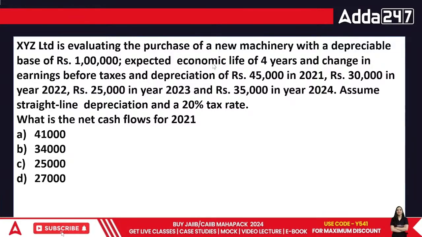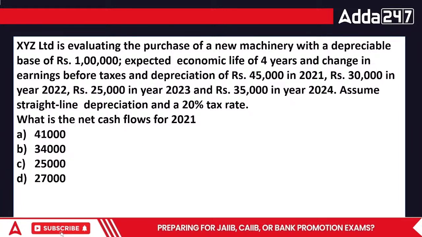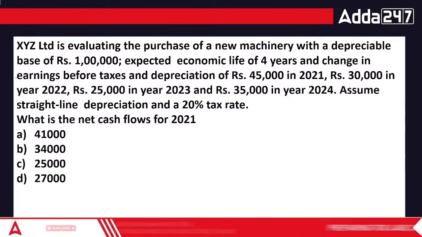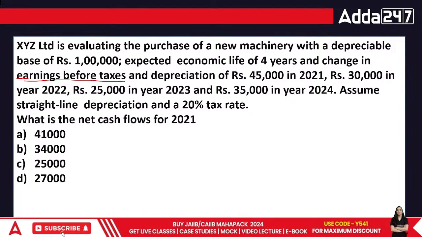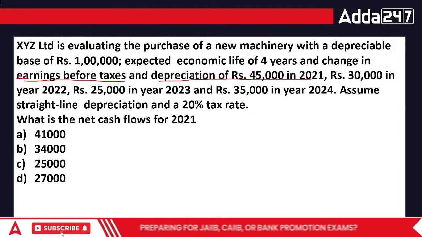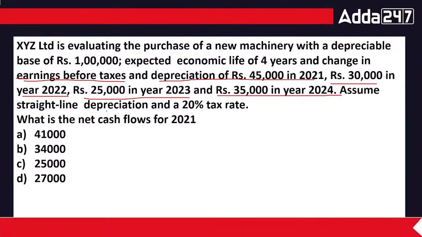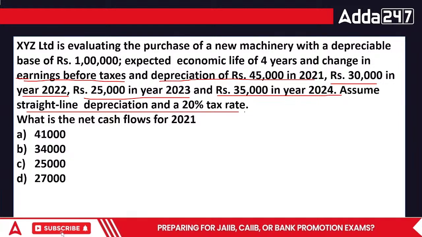Then they have the change in the earnings before taxes and depreciation giving rupees 45,000 in 2021, 30,000 in 2022, 25,000 in 2023, and 35,000 in 2024. Assume the straight line method of depreciation, everyone.